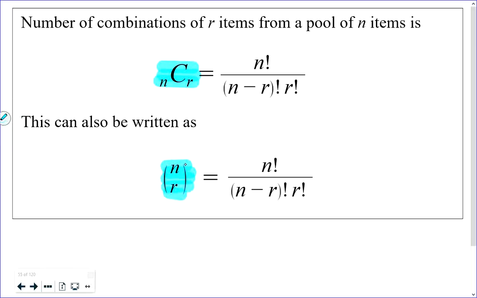It's just a way, for whatever reason in math, that people have decided to write nCr. So when you see those 2 tall brackets with 2 numbers inside stacked, the top number is n and the bottom number is the number you're choosing out of n. There is no equivalent permutations notation like this. So when you see this, it is a combination.